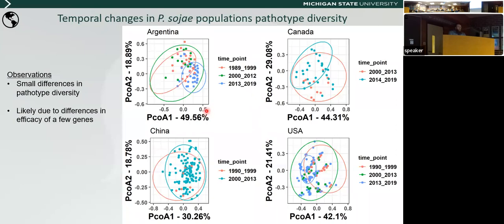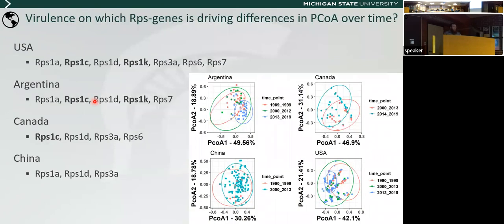Looking at temporal changes over time, we observed very small differences in pathotype diversity, with gradual increases. We believe this is likely due to differences in efficacy of a few genes, but we can't get all of that just by looking at a principal coordinates analysis. To dive into this deeper, we utilized the discriminant analysis of principal components to identify the resistance genes in each country which were driving the differences over time.